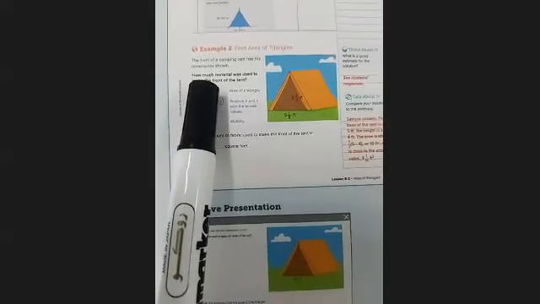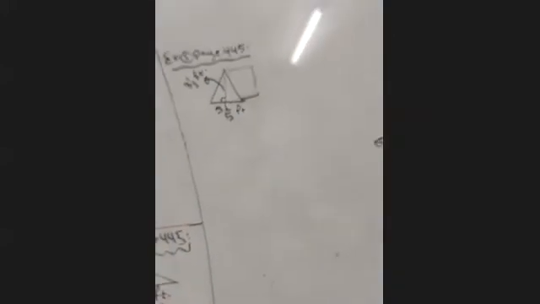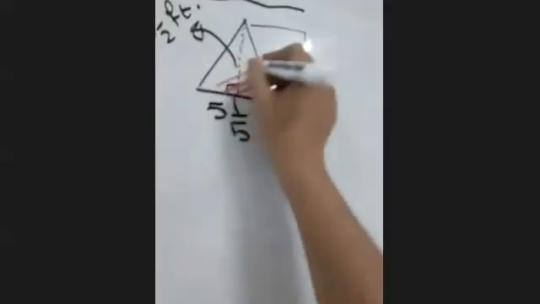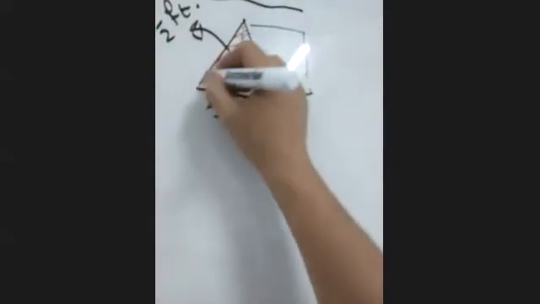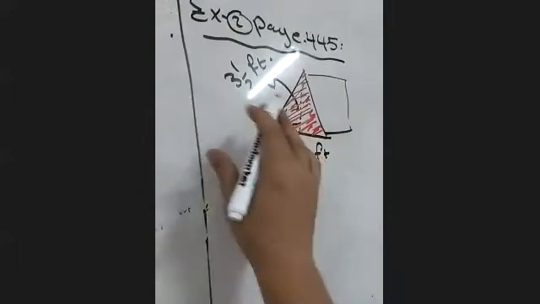How much material means they ask me about the surface of this triangular shape. They want the material, the fabric. You know the fabric? Yeah. Now, what's the first step to find the area of this triangular shape?